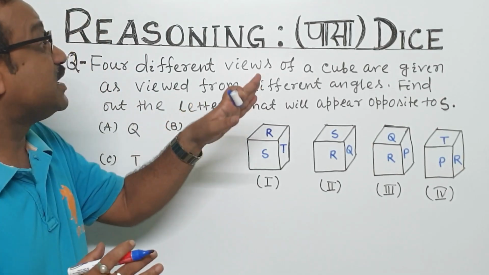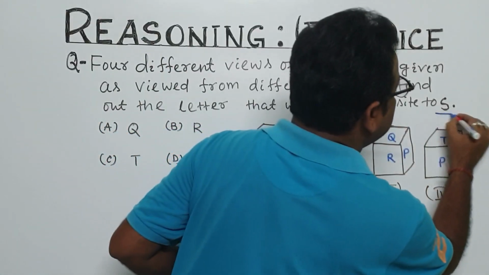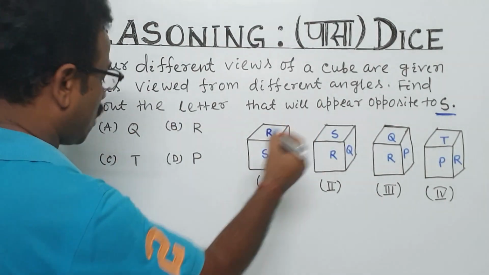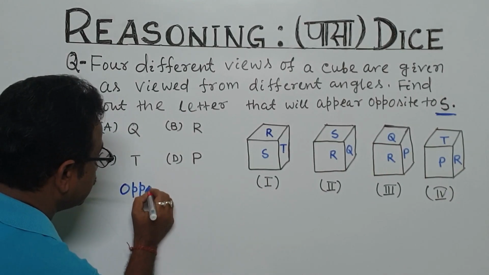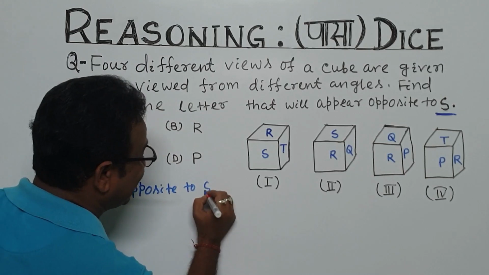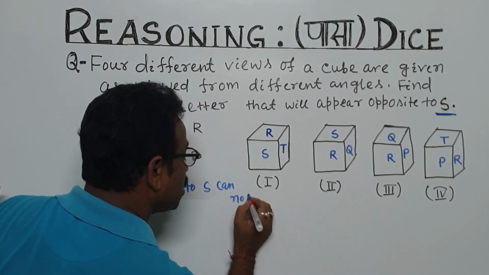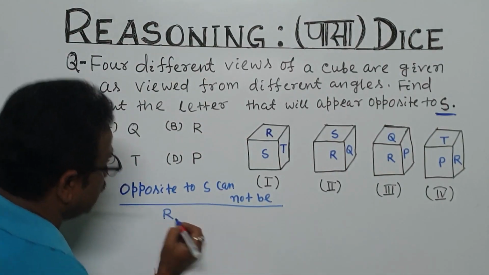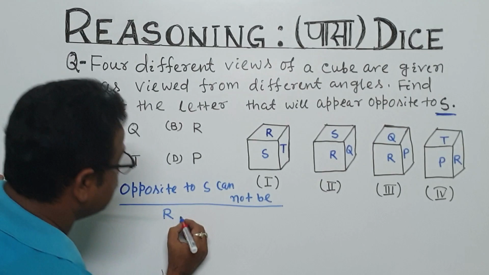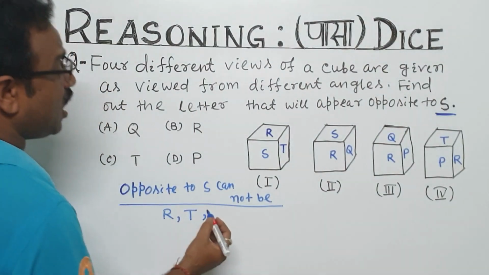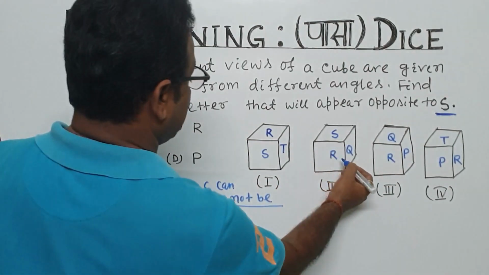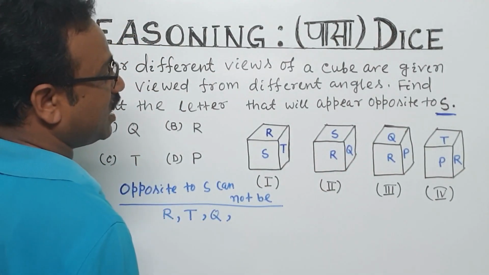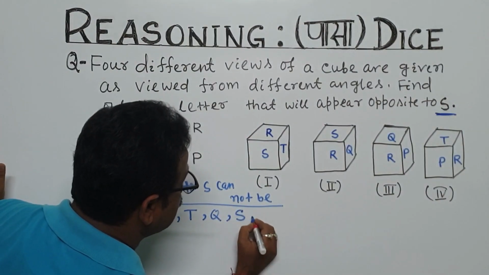Find out the letter that will appear opposite to S. Now see, four options are there: Q, R, T, P. Opposite to S cannot be R, because R is adjacent to S. Cannot be T, because T is adjacent to S. Then Q, because Q is adjacent to S. S cannot be opposite to itself.